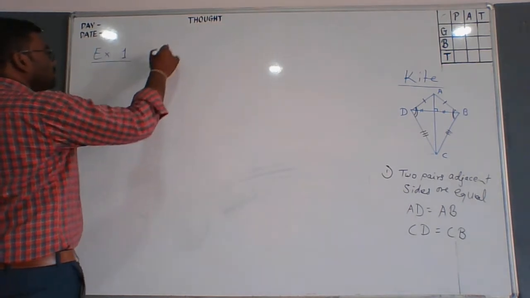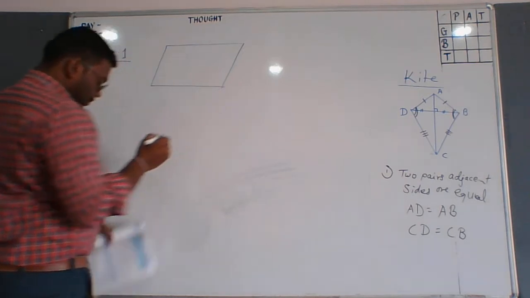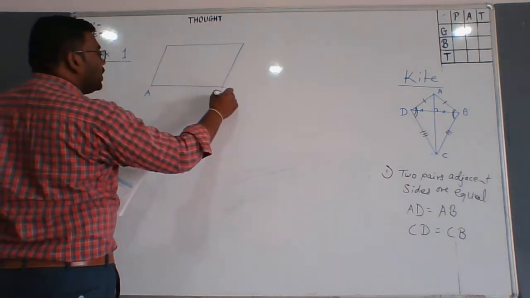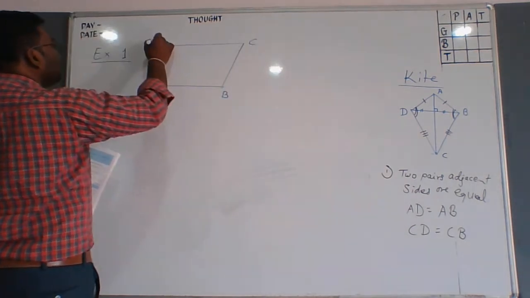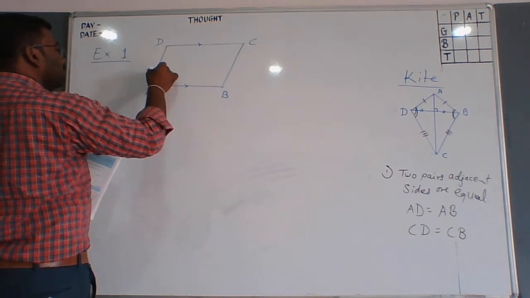So that means if there is a parallelogram, its name is ABCD. It is one of the parallelograms.